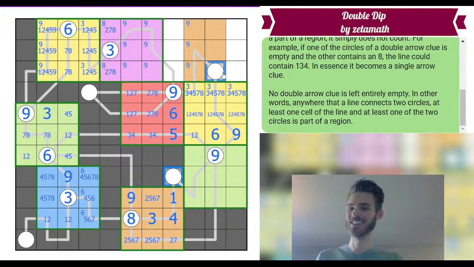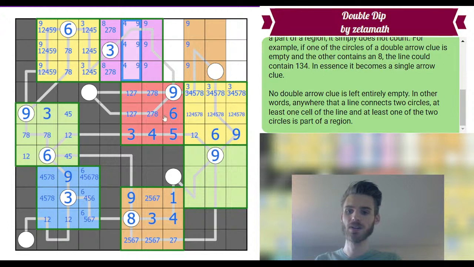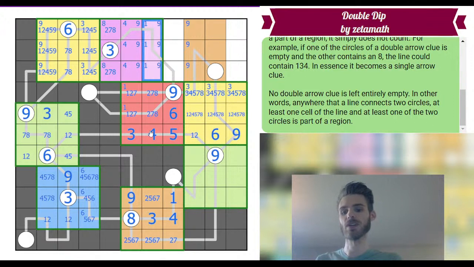So this digit is at least a 1. So then the 4 is over here. I'm going to mark that there's a 1 over here so that I can see that there's a 1 over here. There's no 9 in here now.